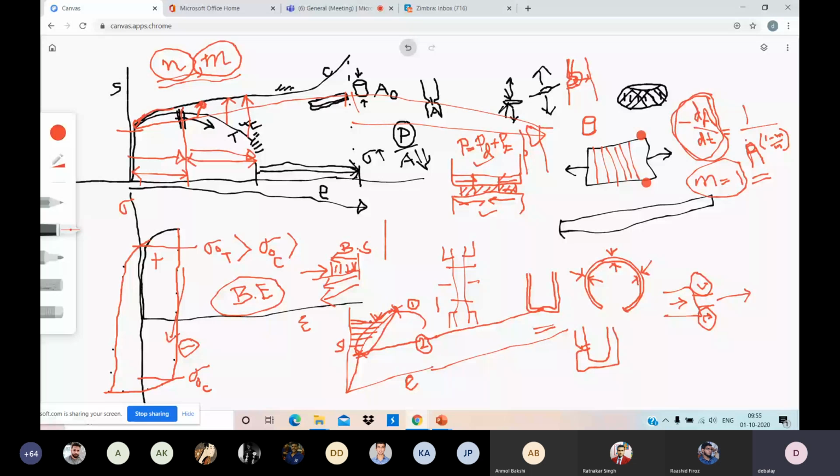What is the problem in curve 2? To cause permanent deformation, there is a risk that at the same load the material can completely rupture, completely fail, because there is no difference between yield and UTS. Yield strength is 500, UTS is 500. To cause plastic deformation, what stress will you apply?